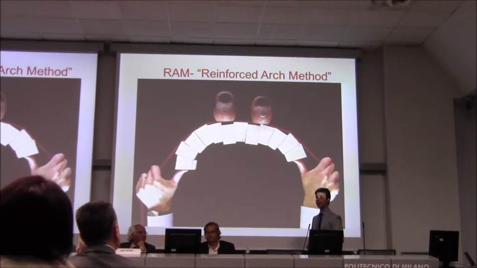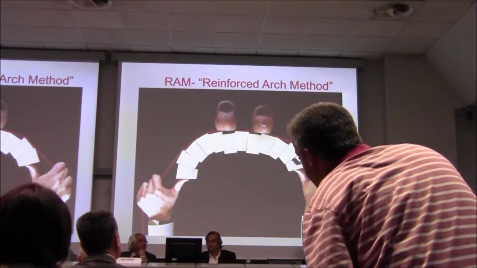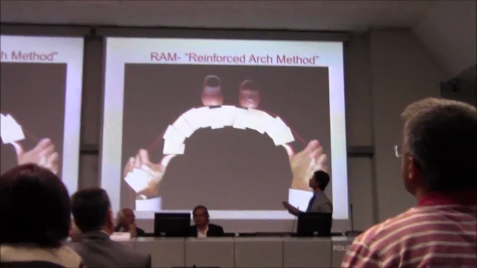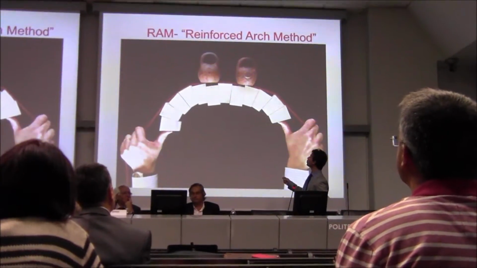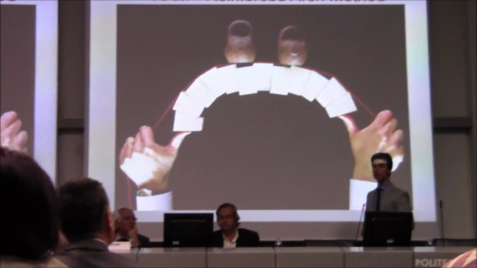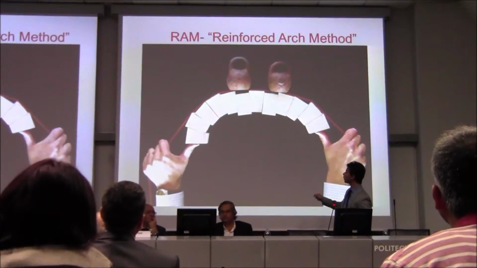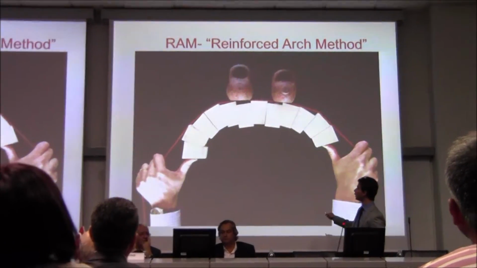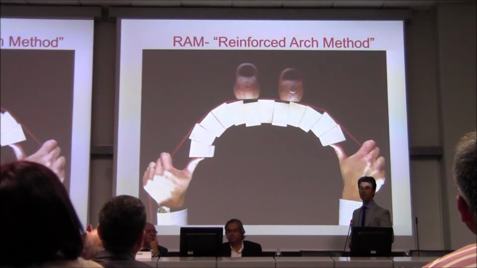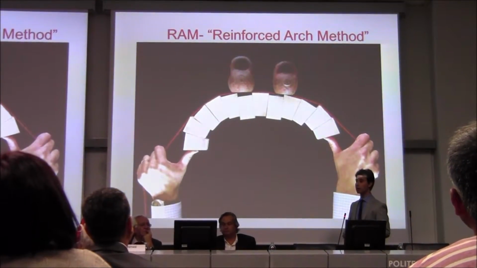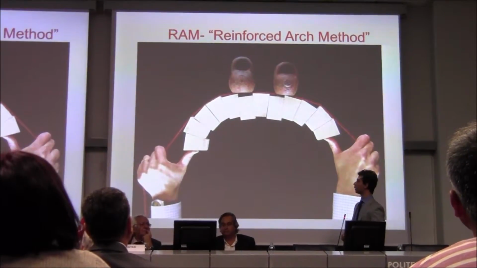And then here another method of consolidation, and it is called RAM, reinforced arch method. It consists in placing some steel cable either on the extrados or on the intrados of masonry structures such as arches, vaults, and domes.